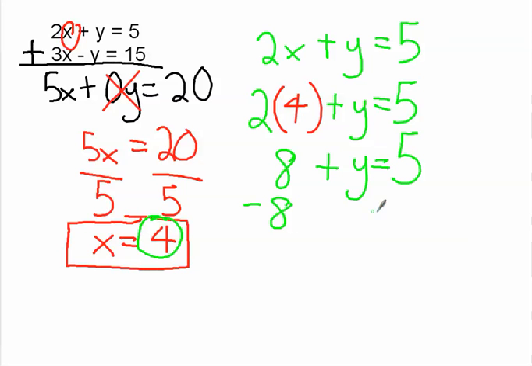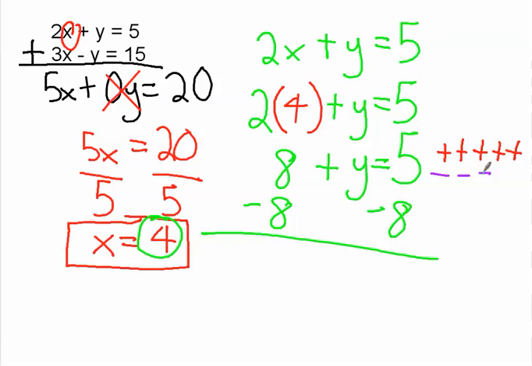Subtract 8 from both sides to get rid of the 8 so that y is by itself. If you forget how to do positive and negative adding and subtraction problems, all you have to do is look at the two things. How many positives do you have? You have 5 positives: 1, 2, 3, 4, 5. This is just if you forget how to do these kinds of problems on a regular basis. How many negatives do you have? You have negative 8 right here. So you put 8 in.